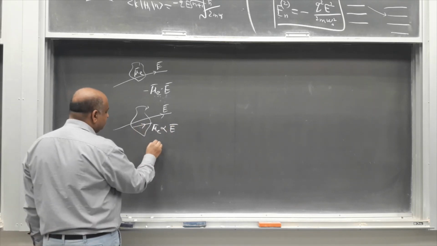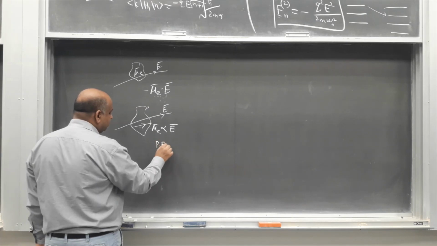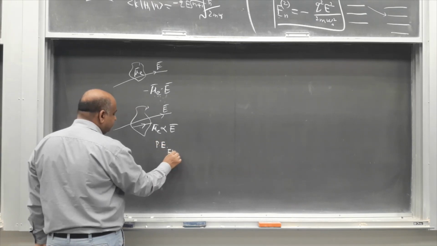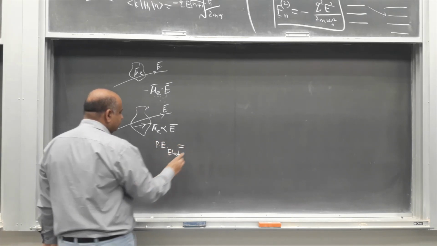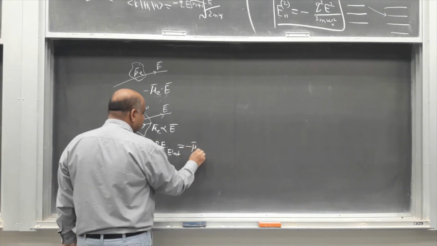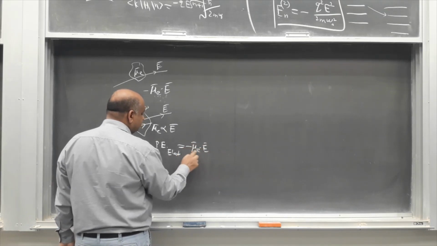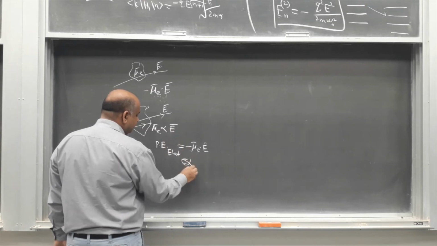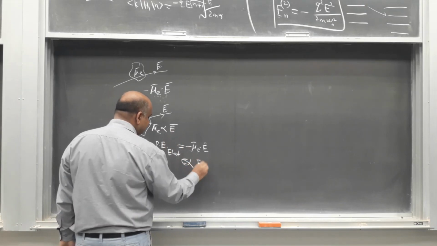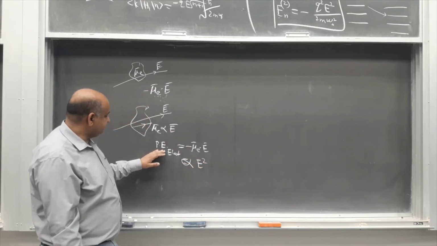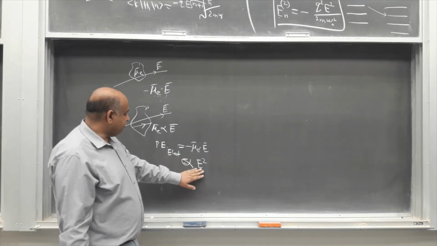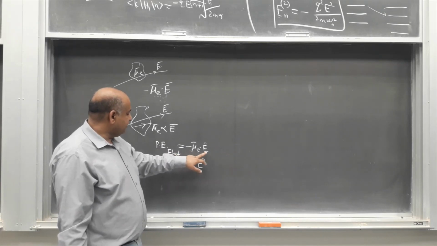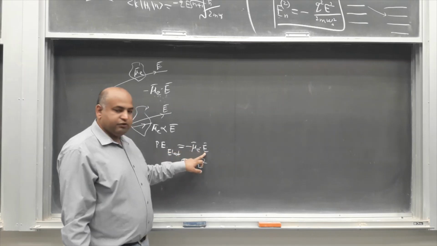So now our potential electric energy is minus mu dot E. Since mu is also proportional to the electric field, we get this electric energy proportional to electric field square, because there is an electric field here, and then in the energy term there is an electric field here.